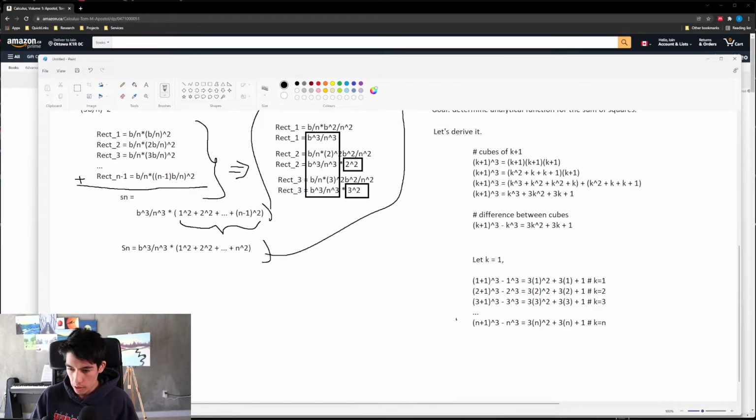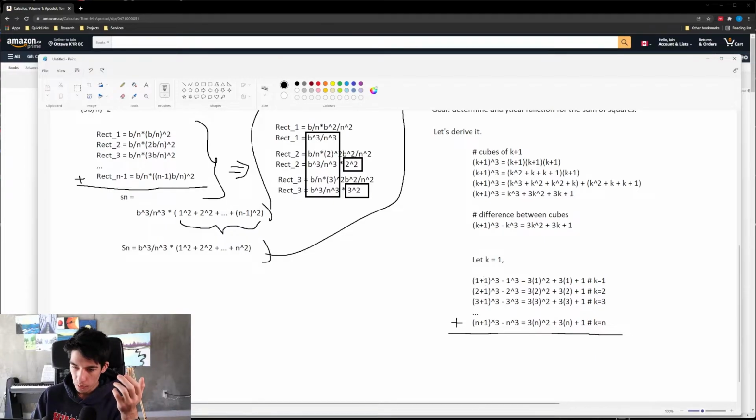So you'll notice that if we add up all of these terms again, on the left-hand side we will get the sum of the difference of cubes, right? And rather than writing out this term plus this term plus this term, etc., we can begin simplifying before we actually even add it up. 1 plus 1 is 2, so 2 cubed, plus 2 cubed, minus 2 cubed, plus 3 cubed, minus 3 cubed.